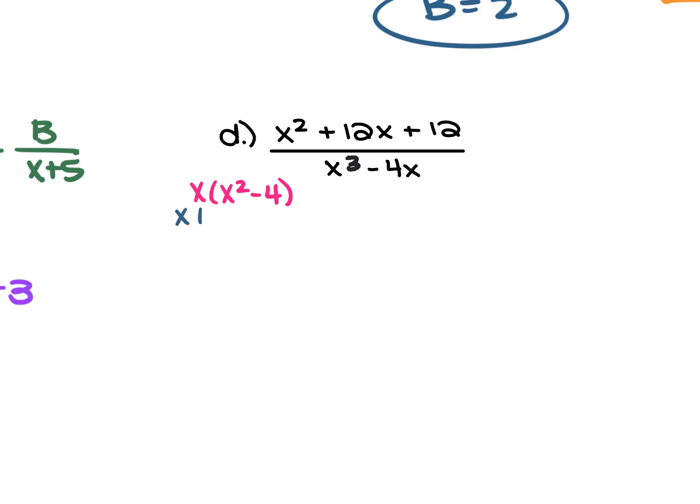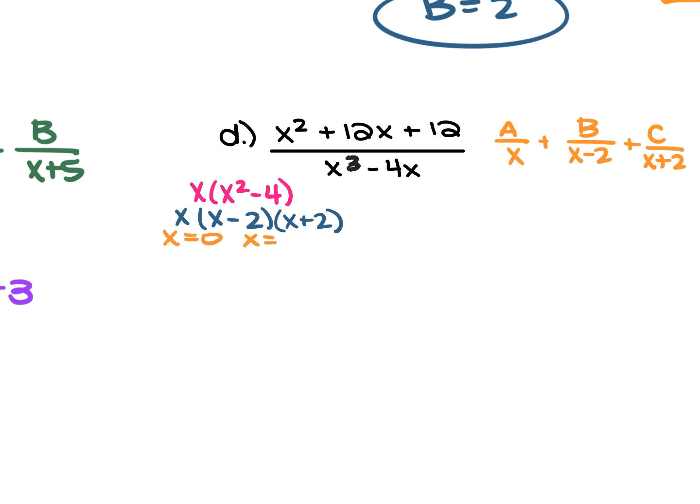That then becomes x times x minus 2 times x plus 2, which gives you a over x plus b over x minus 2 plus c over x plus 2. So then you find what x is: x is equal to 0, x is equal to 2, x is equal to negative 2.